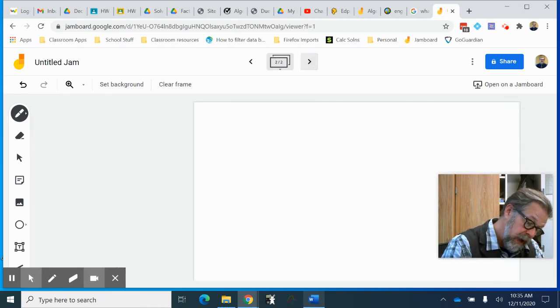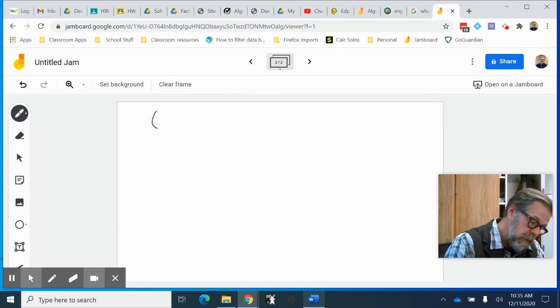Moving to the next page, x squared minus 2x minus 8 factors as x minus 4, x plus 2, and I'm over x minus 4, x plus 4.